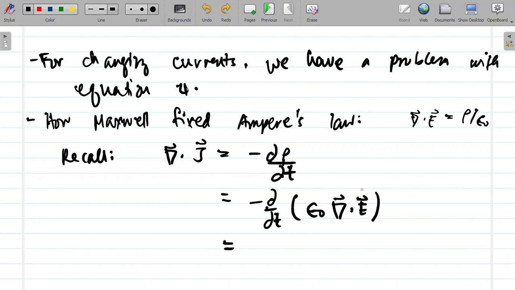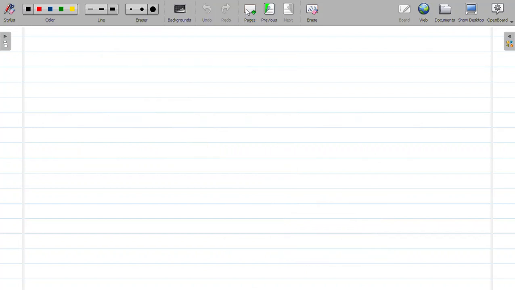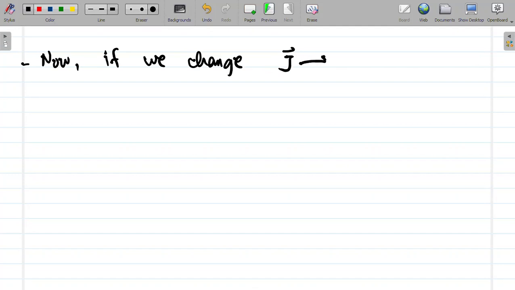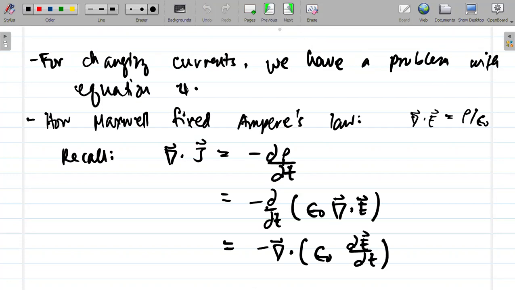So we can interchange them. We have negative del dot epsilon naught partial E partial t. The del and partial t can be interchanged because they are just partial derivatives. So our del dot J looks like this. Now, let's shift. If we change our current density J to J plus epsilon naught partial E partial t, where does the epsilon naught partial E partial t come from? Here.